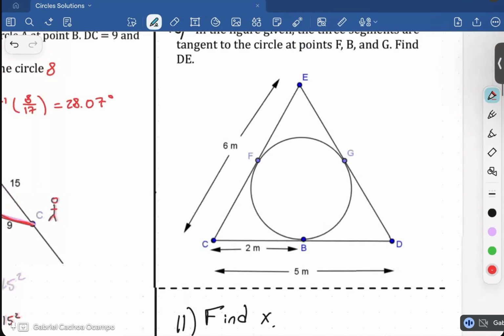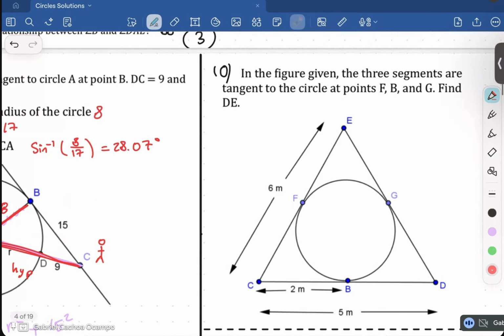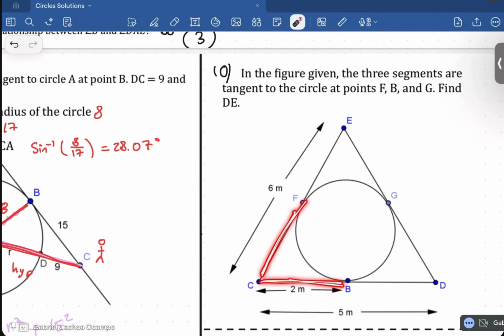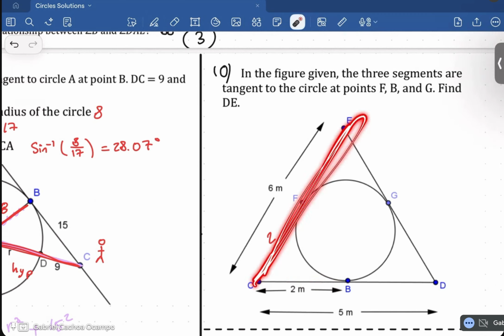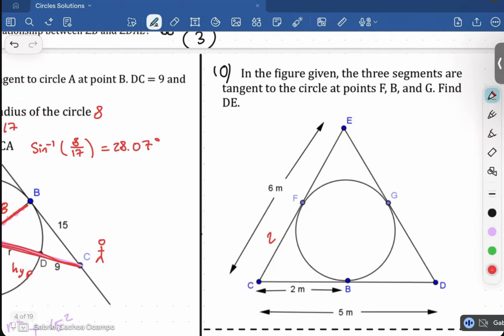Okay, this is a beautiful problem that is kind of like a puzzle. Observe the following. So this tangent and this tangent measure the same, no? Because they are common tangents to a circle that intersect. So this one measures 2. If the whole thing measures 6 and this part measures 2, that means that this line in here measures 4.